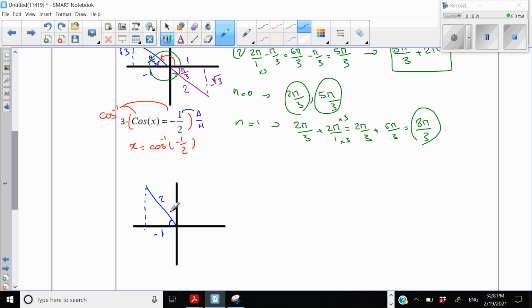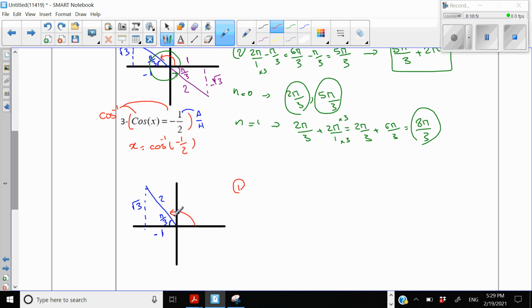We can use the Pythagorean theorem and find the other side, which is equal to radical 3. Now, this is the ratio of the special right triangle of 30, 60, 90. Opposite 60 is radical 3, so this side is pi over 3. So I got my reference angle, and now the original angle will be pi minus pi over 3.